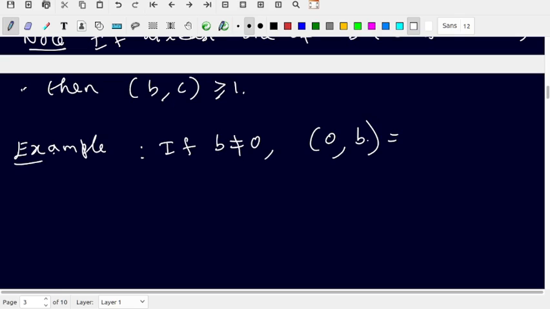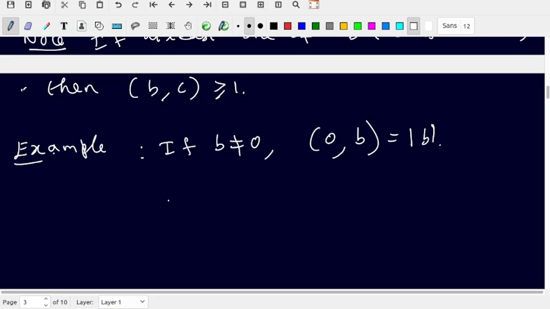If b is positive, b itself is the greatest common divisor. If b is negative, then minus b, that is mod b, is the greatest common divisor. We know the meaning of mod.